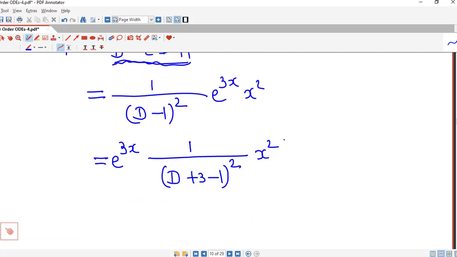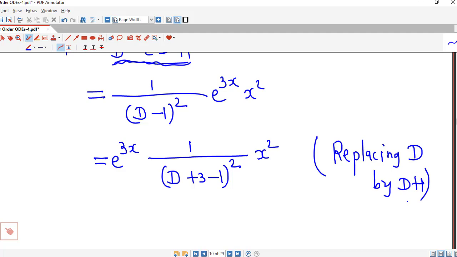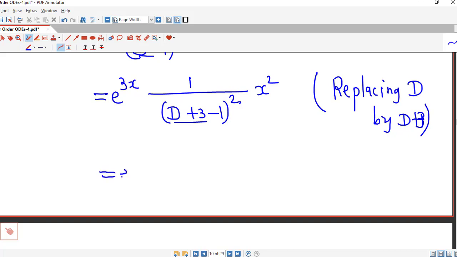The coefficient of x in e raised to 3x is 3, so we have to replace d by d plus that coefficient, which is 3. So here d is replaced by d plus 3. Now this is 1 over d plus 2 whole square x square.